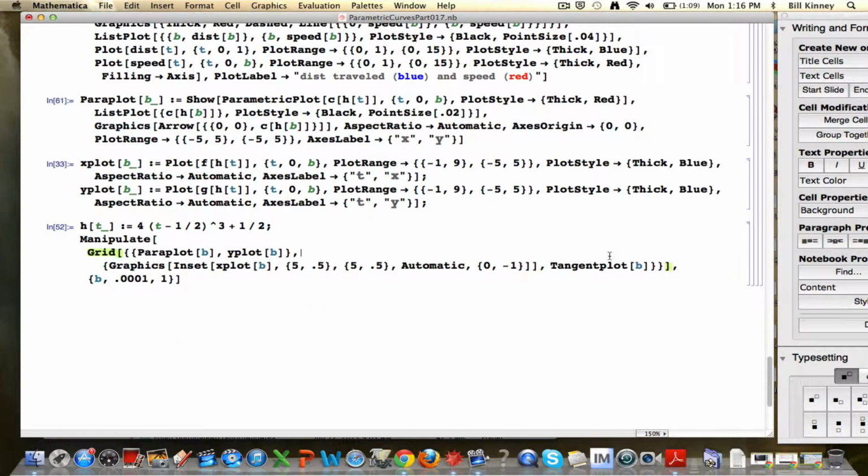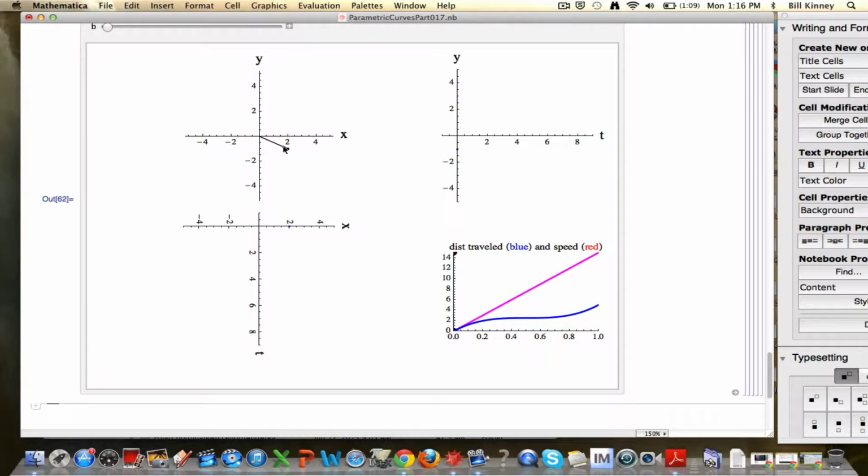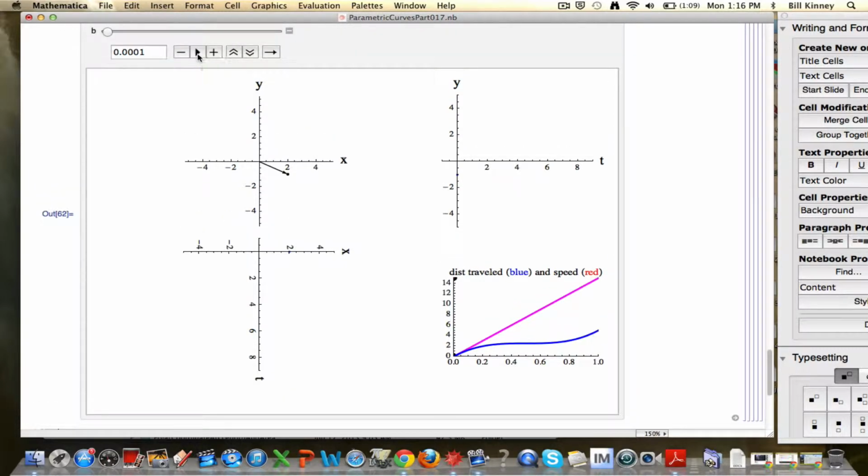Now I've got this entered. Let's go back down to our grid plot. And there you see already there's a black arrow pointing from the origin out to where the person starts. Now we let time go by. We see the person move. We also see the arrow change. Oops, got stuck. Okay, yeah, this is slowing down. It's going to speed up again. This is the motion that starts fast, slows down, then speeds up again.